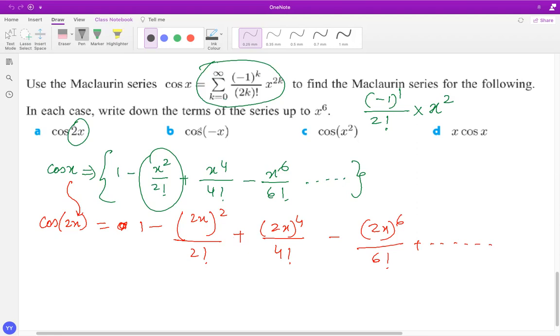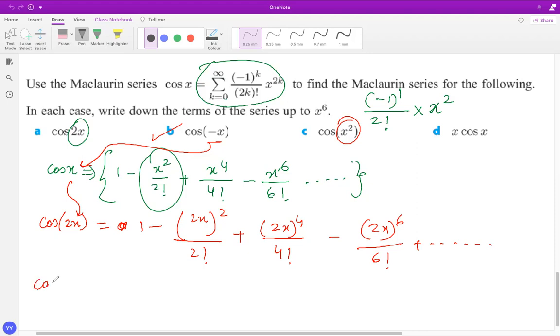Now let us say I wanted to find the Maclaurin series for cos of minus x. So this x is going to get replaced by minus x. And if I want to find the Maclaurin series for cos x squared, I'm going to replace x with x squared. I want to quickly create a question that can give a sense of why we use Maclaurin series.